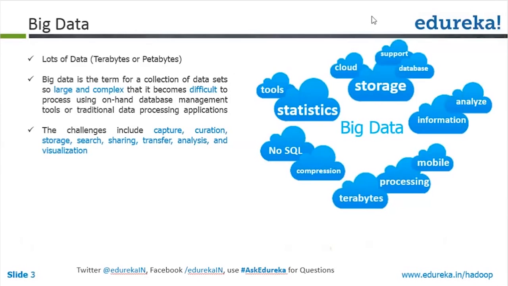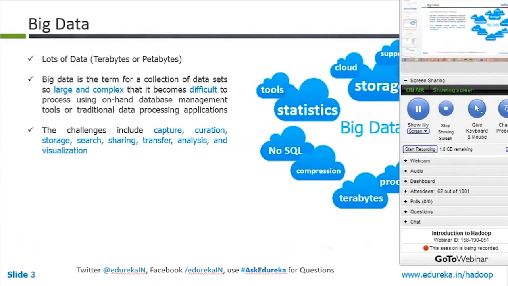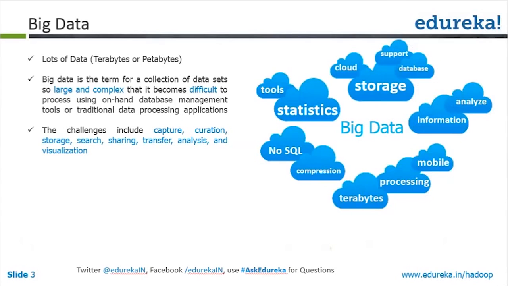We can capture, analyze, store, search, share, and transfer the data, run visualizations on top of it, and get insight from it. What big data enables you to do is analyze a huge volume of data, thousands of terabytes or petabytes. By using big data technology, it is now possible to store such a volume of data as well as analyze it.